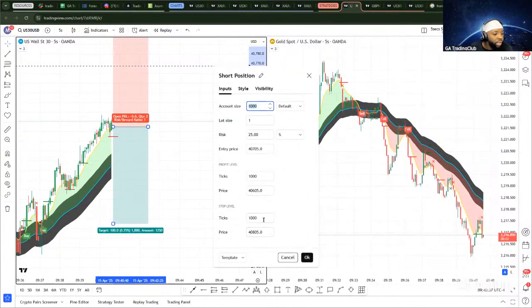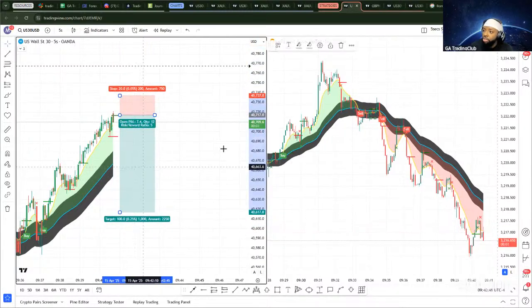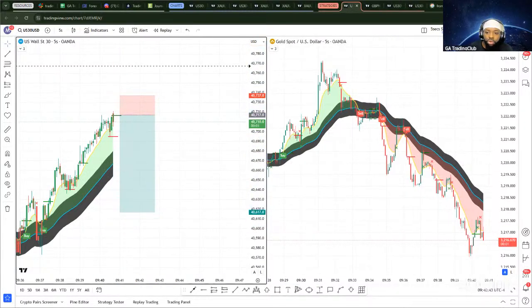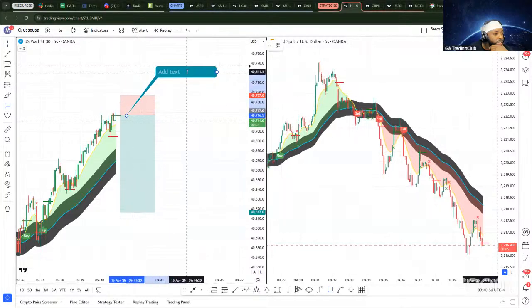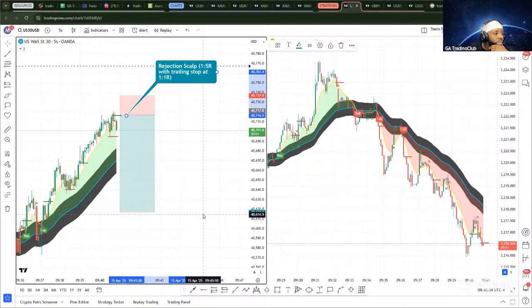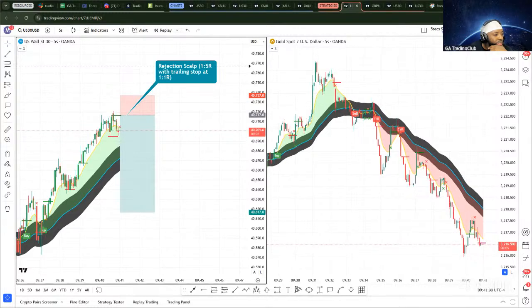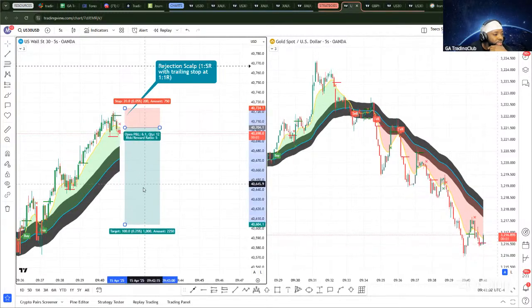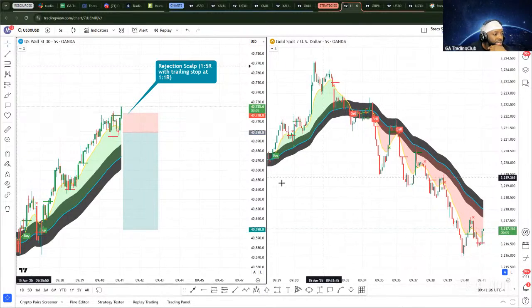Okay, so this is what I'm looking for. This is my entry, but I'm looking for the crossover sell, and we just need that rejection scalp. I think we might get it here. There. Okay, so this red X. We are looking for that red X to close. Not yet.